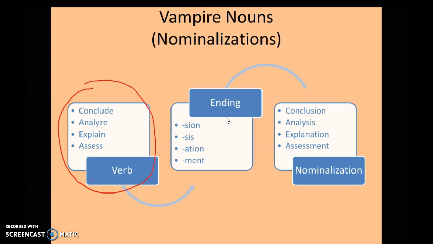You add an ending to it, usually ION, IS, ANCE, MENT, whatever, and you make this sort of nominalized version out of the verb. So conclusion instead of conclude, analysis instead of analyze, explanation instead of explain, assessment rather than assess.